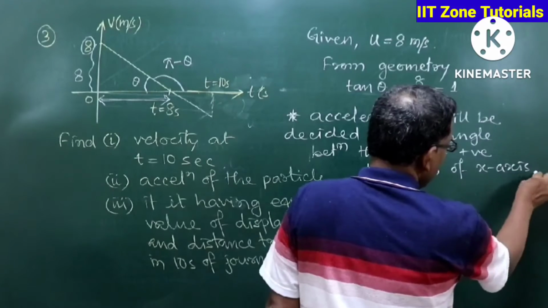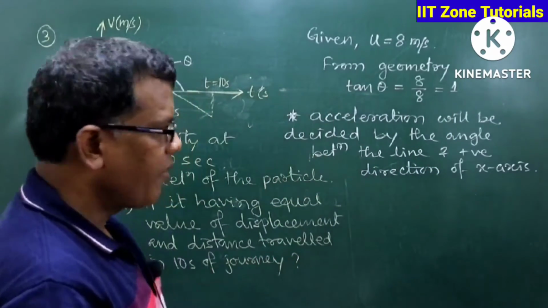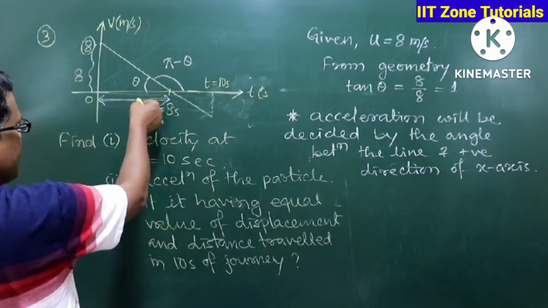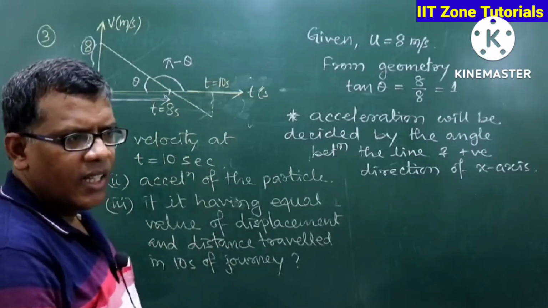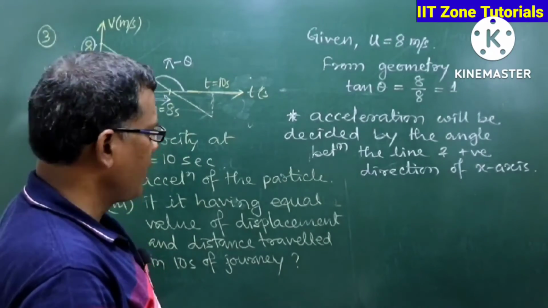So the angle between the line and the positive direction of x-axis is not theta, rather it is the supplementary angle pi minus theta.